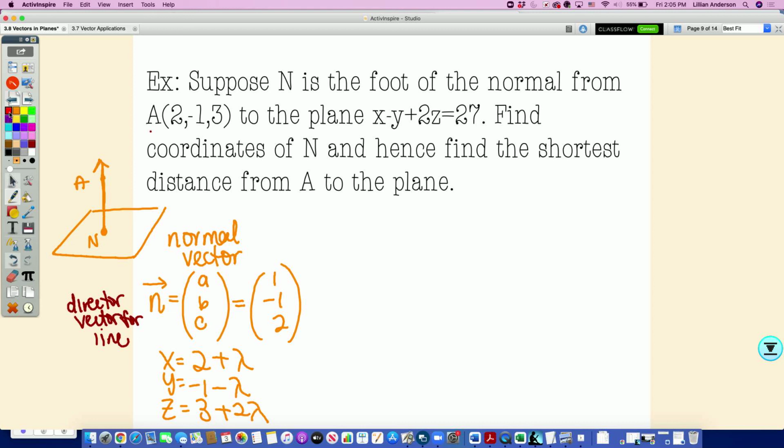Okay? And now that I have my parametric equations, remember I'm trying to figure out that point where the line intersects with the plane. I'm going to take each one of these equations, plug it into my equation of the plane to find lambda, to plug in to find n. Okay?